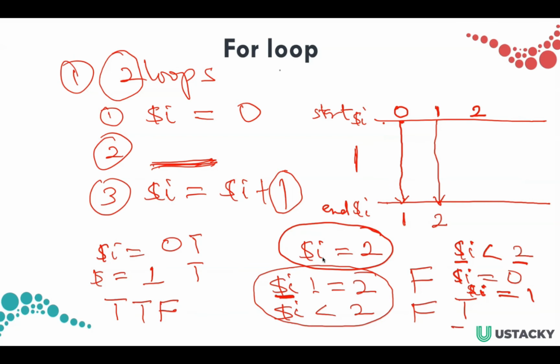This is also true. So you also know that you'll be having true, true, and false. So we have true, true, which signifies we have 2 loops, and this is not a loop. It shows that this true, true conforms with the requirement of the question.